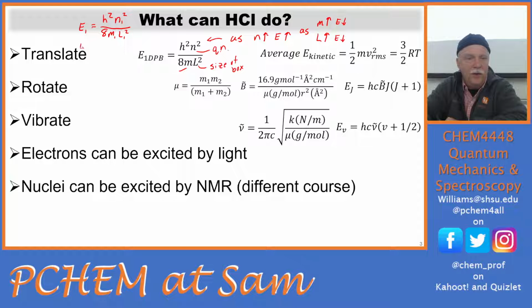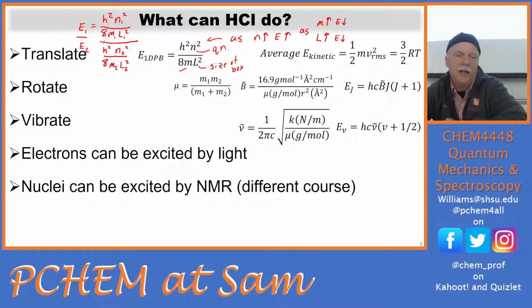And I want to know its ratio to E2. I'm just going to write all that again, h squared n2 squared over 8 m2 L2 squared. And I say, what happens when I double the length of the box?